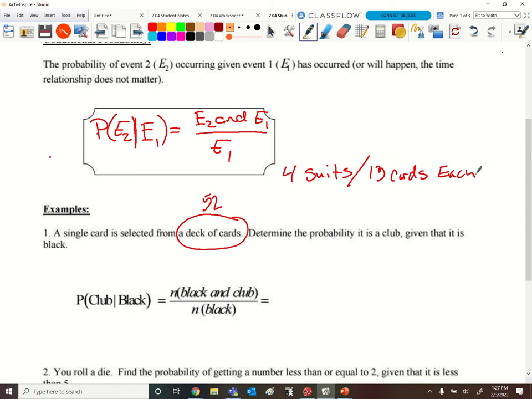So the suits are going to be diamond, heart, club, and spade.